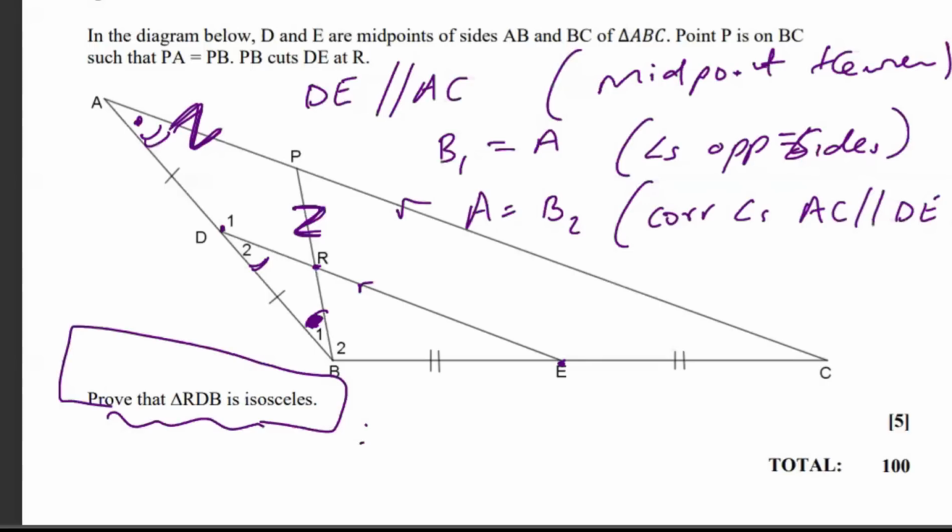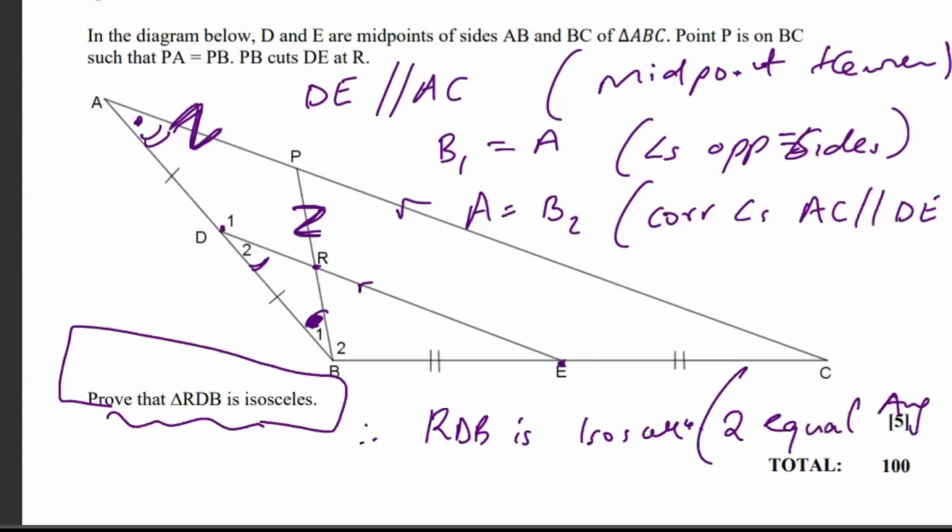So in this case, we draw a conclusion and say that RDB is isosceles, and the reason is two equal angles, or angles that are opposite equal sides, or sides that are opposite equal angles.